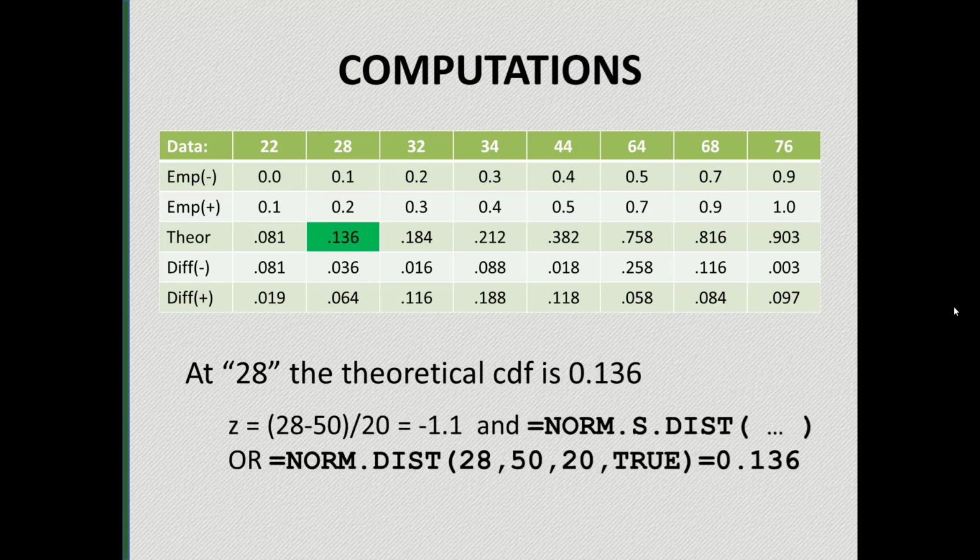The theoretical CDF is 0.136. We either compute a z-score or we use the NORM.DIST function. But either way, it's telling us if things are truly normal, with mean of 50 and standard deviation of 20, we should expect 13.6% of the data to be 28 or fewer.